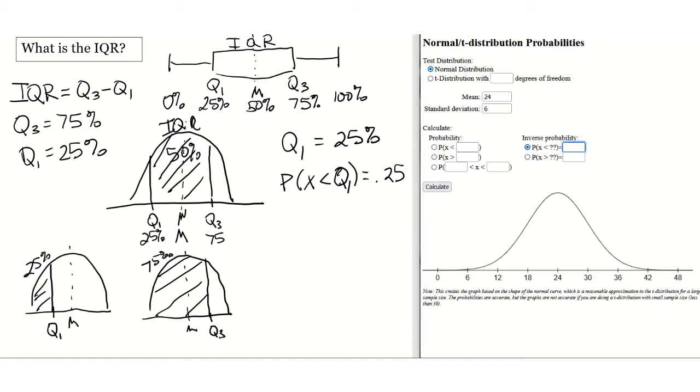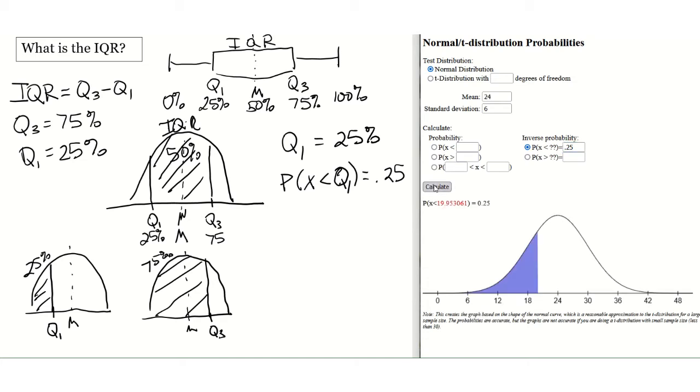So I'm going to type in 0.25, calculate, and that tells me that my Q1 value is 19.9531. That's my Q1.